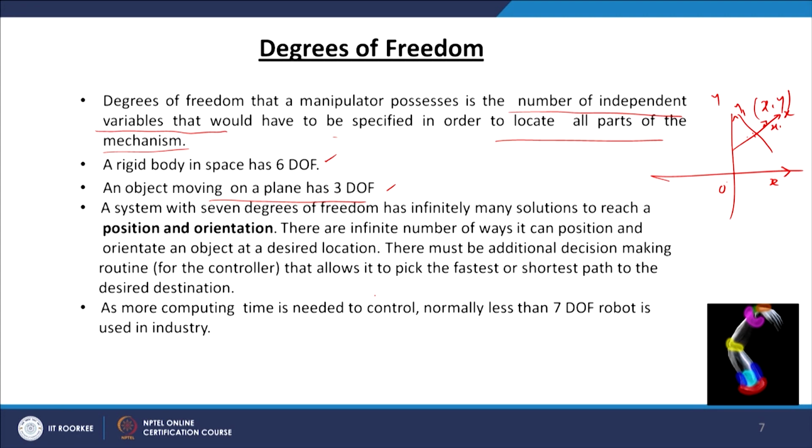As there are infinitely many ways of doing the same job, the computing time for selecting an efficient way will be huge, and normally it is not preferred in industrial robots.